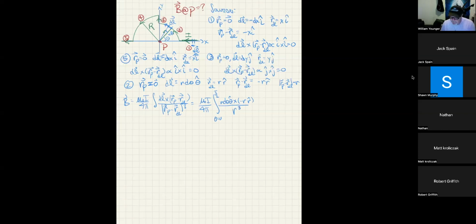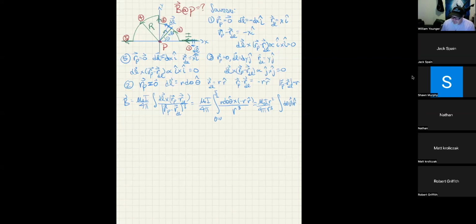Okay. Now, in this case, we're integrating everything with respect to theta. You can see that there's going to be an r squared in the top and an r cubed in the bottom. They can all be brought out to the front. So I'm going to say now this is mu 0 I r squared over 4 pi r cubed integral d theta, theta hat cross r hat.